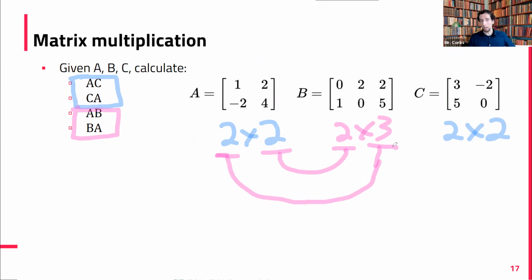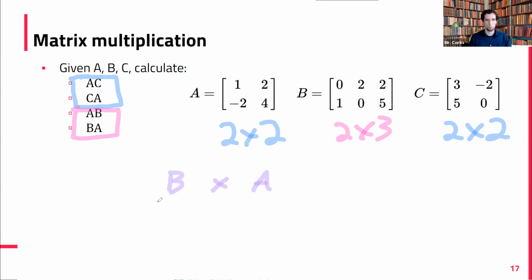B times A. What happened when we tried to do B times A? We couldn't do it. It's impossible. Okay, why not? What happened? We stopped at some point because we have some unknown value.